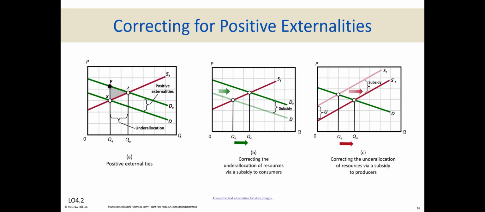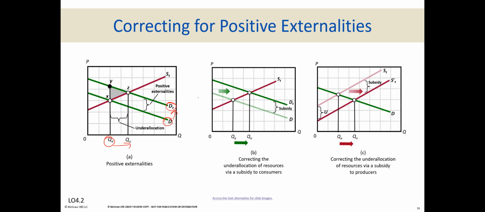Here you can see correcting positive externalities. And just to recap, in positive externalities, demand is too low because we didn't consider the benefit to the society. The true demand curve should be at a higher point. So we are producing too little and we need to increase the demand. That means we need to subsidize buyers to buy more of this good.